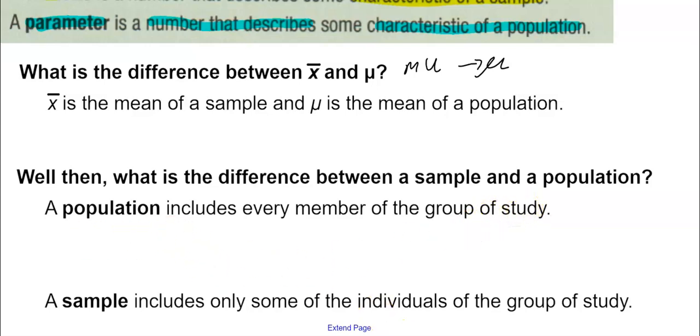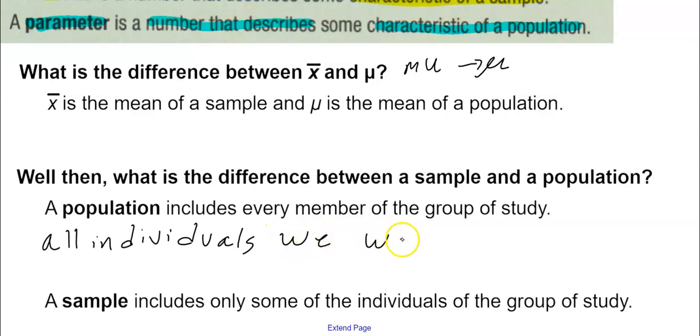This would be the group of all individuals for which we want information.